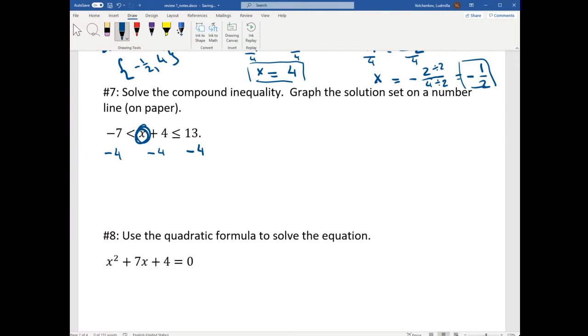So we subtract 4 from -7, from the middle expression, and from 13. In the middle, we get x. On the left, we get -7 minus 4. So the numbers have the same sign, so we add the numbers. 4 plus 7 will be 11 with negative sign. And 13 minus 4 is 9.